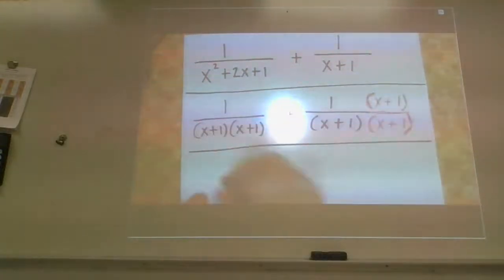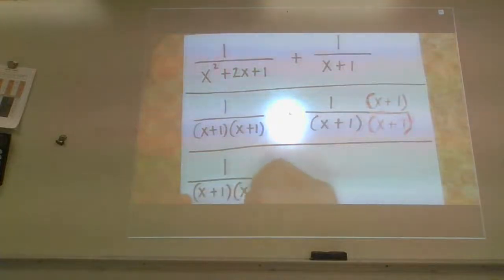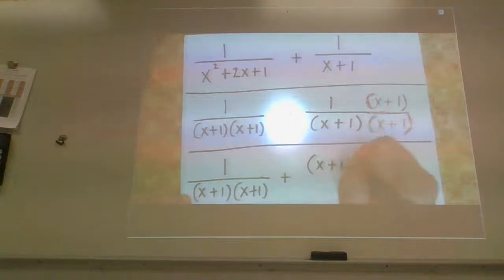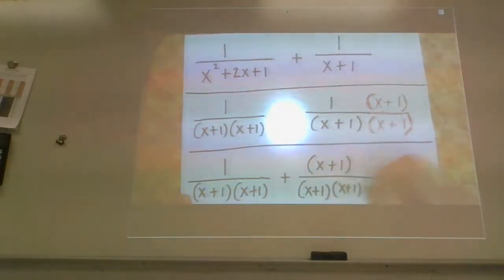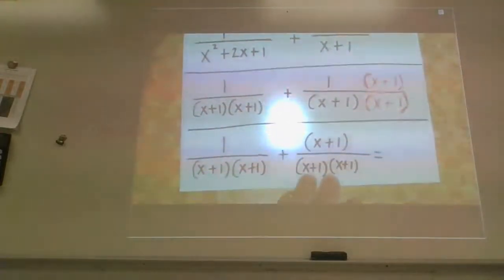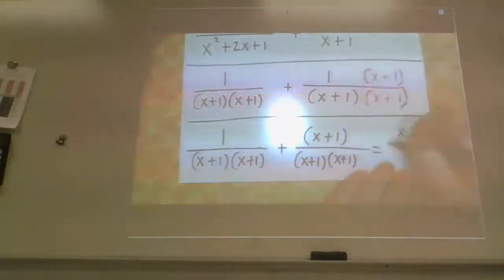And ultimately, once I force that common denominator, then I can add these two fractions together. It really is insane. I'm going to wrap it up here.